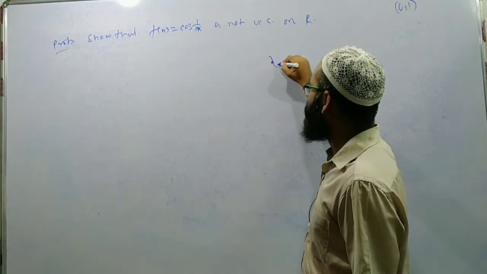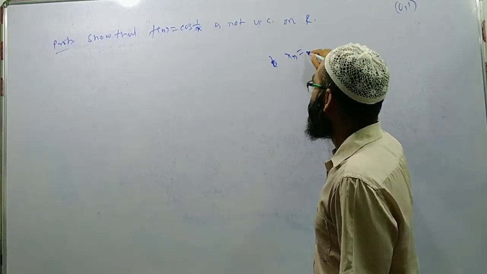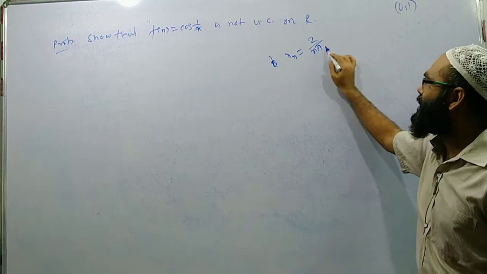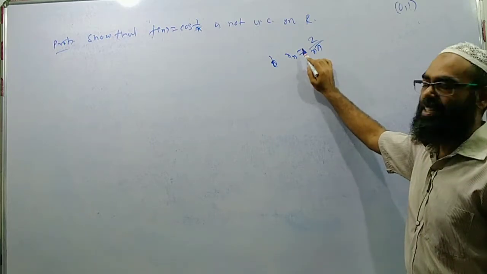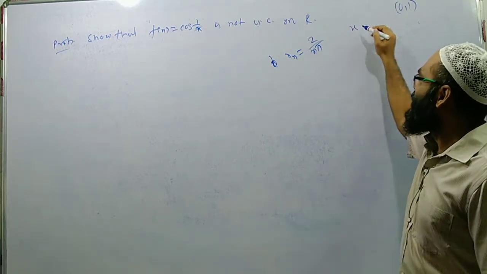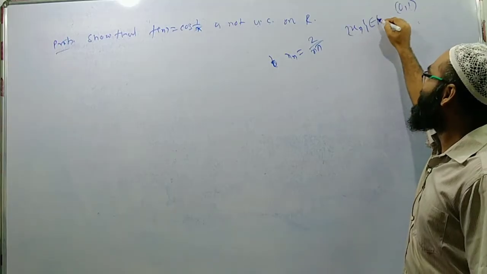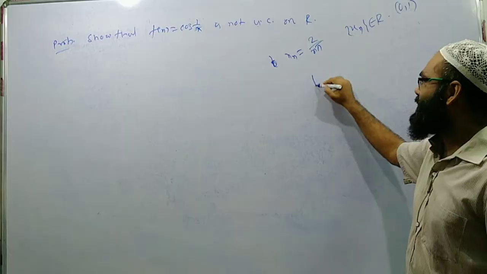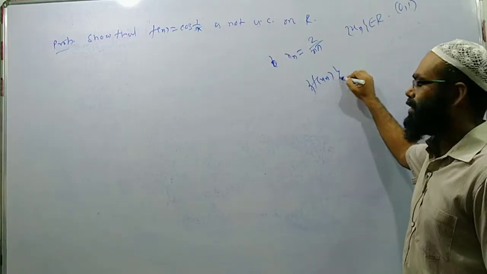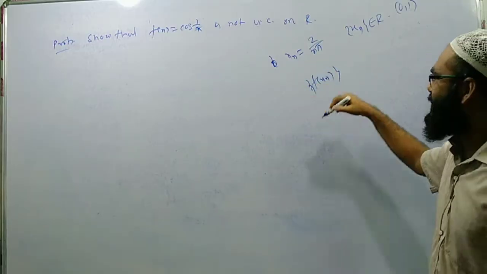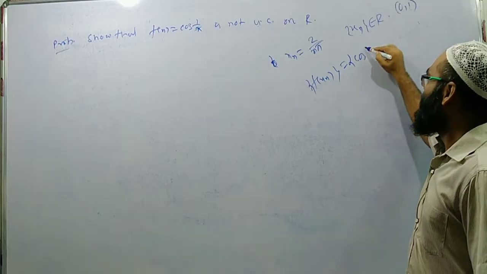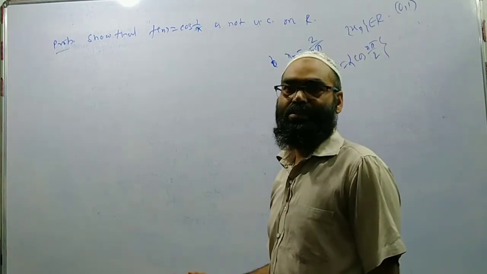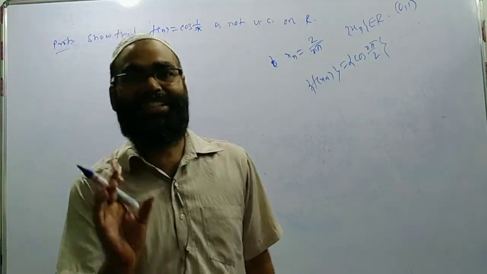Here we choose the sequence x_n = 2/(nπ). Then all the members of the sequence belong to the real numbers R, but its functional value sequence f(x_n) equals cos(nπ/2), and cos(nπ/2) is an oscillatory sequence.